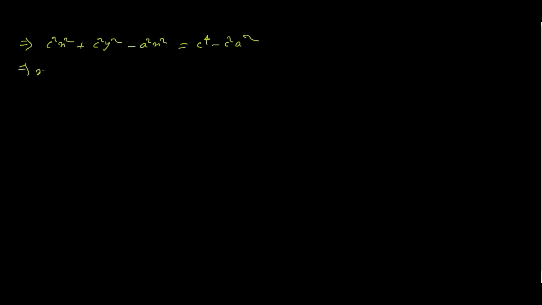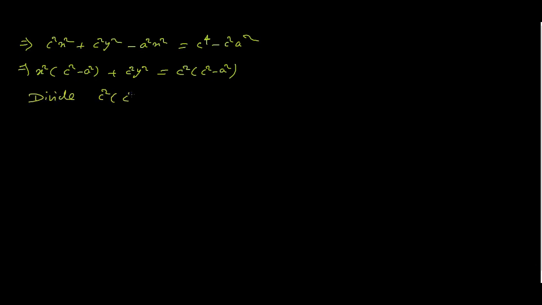Now take x square common, so this is c square minus a square plus c square y square is equal to, if I am taking common here c square, this is c square minus a square. Now let's divide by c square into c square minus a square.